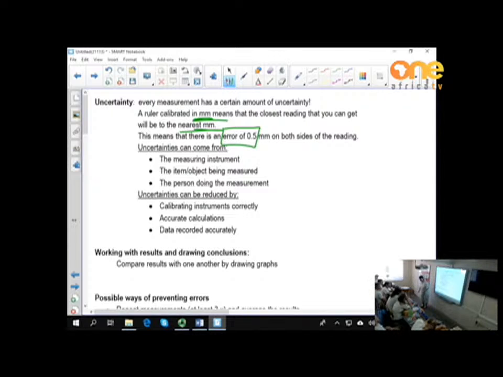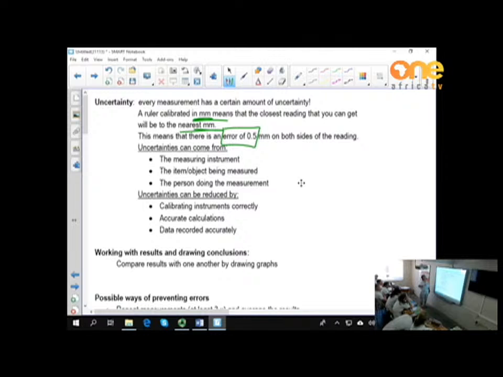So if you get onto that scale and it says you have a mass of 55.6 kilograms, the last digit is not accurate. There's 100 gram, so 50 gram up and 50 gram down from the reading on the bathroom scale. You follow me?